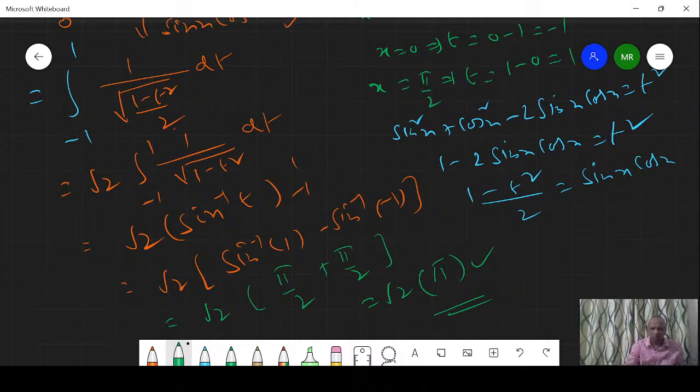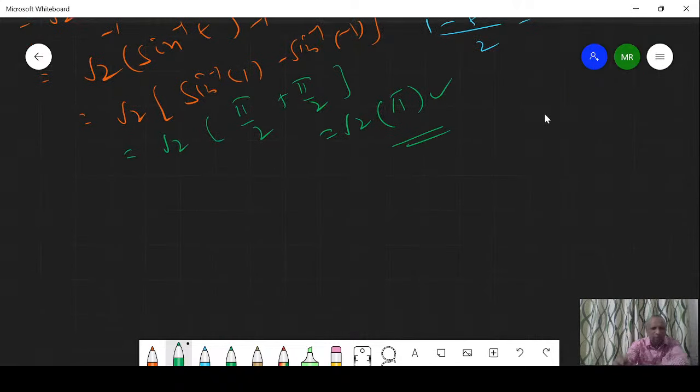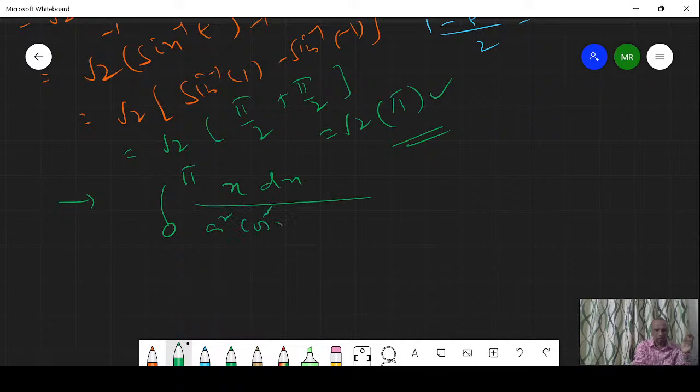Right. So the next problem. Integral from 0 to pi of x dx by a square cos square x plus b square sin square x.